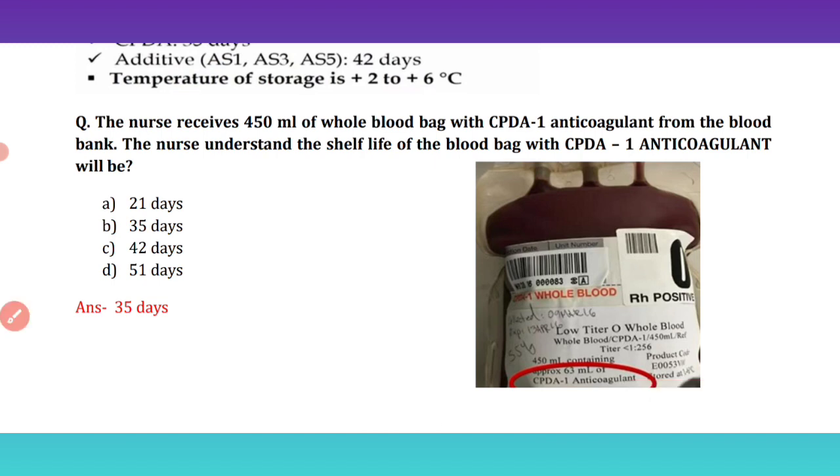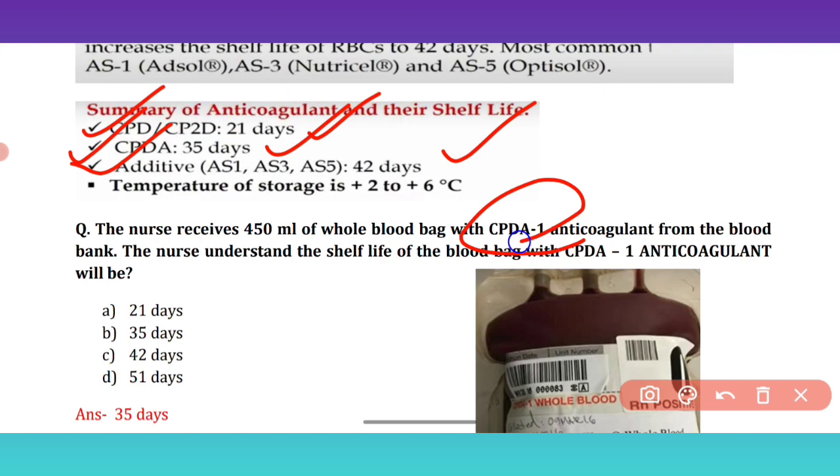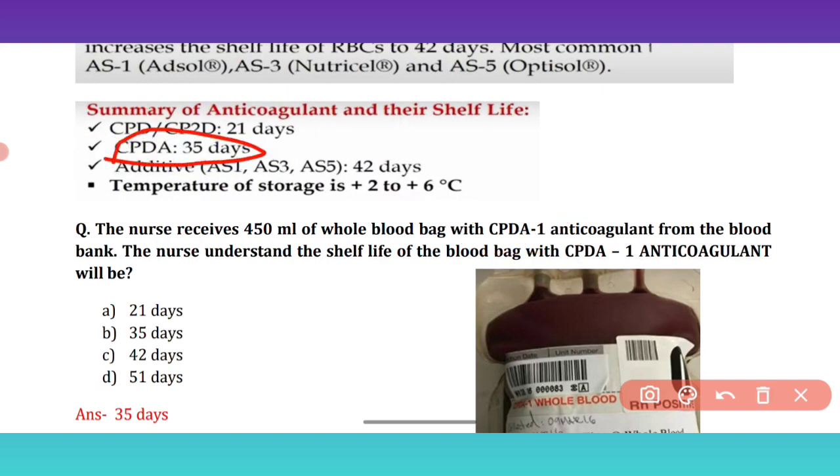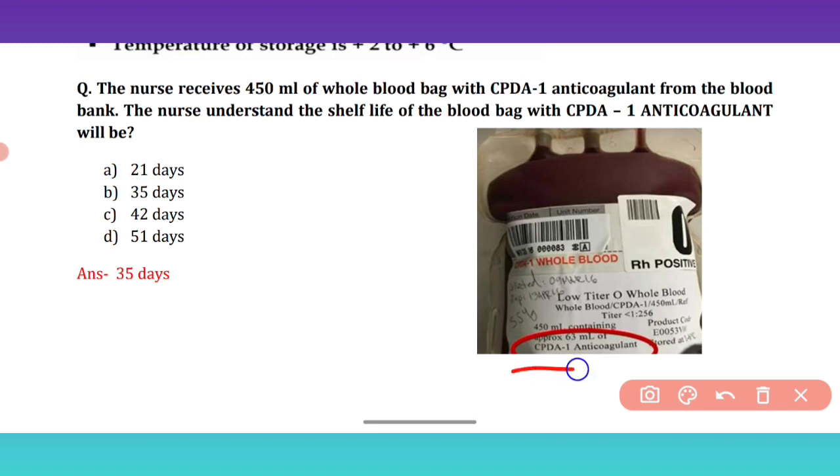Just now we have seen that if you are using CPD, CP2D, it prevents clotting for 21 days, CPDA 35 days, additive 42 days. So here they are asking about CPDA. Where is CPDA here? This one, the second one. So around 35 days, right? In this blood bag, CPDA anticoagulant is added.